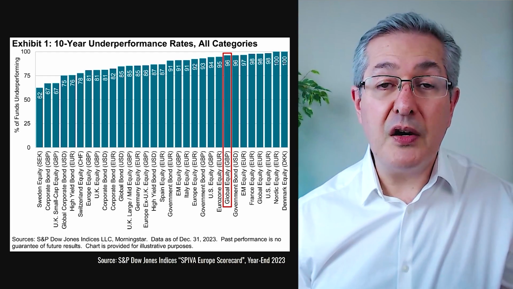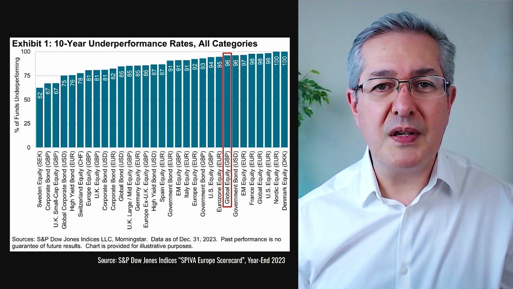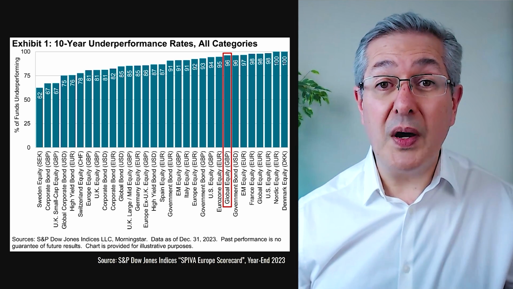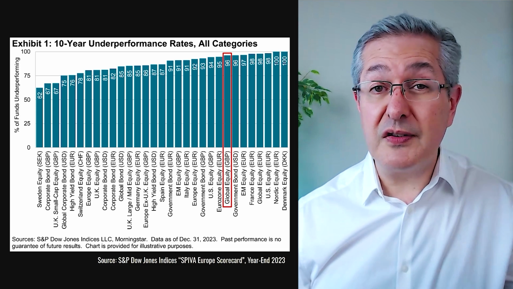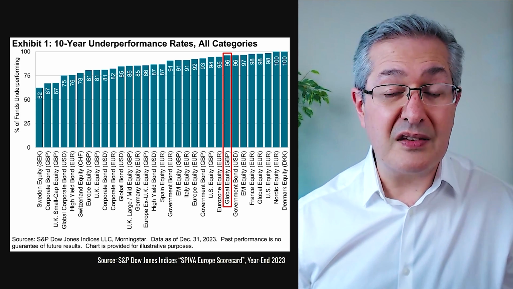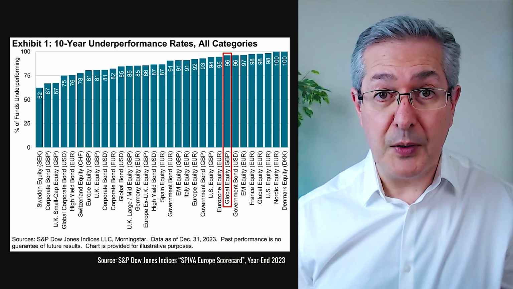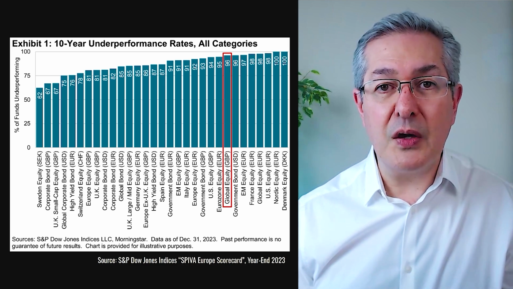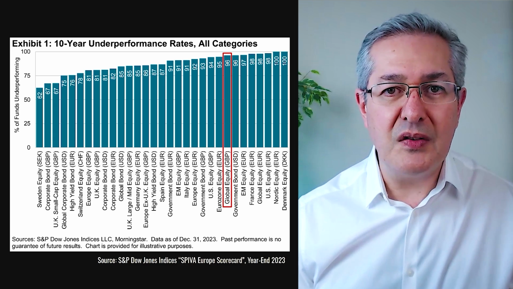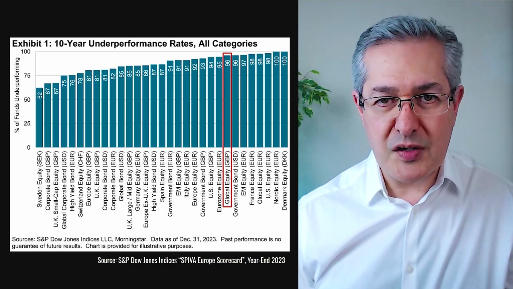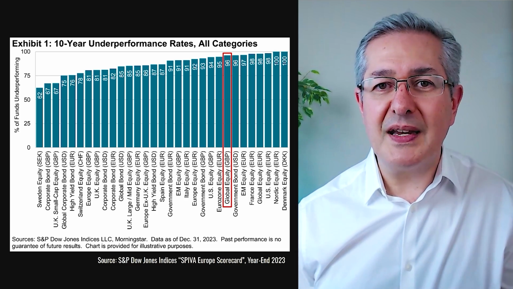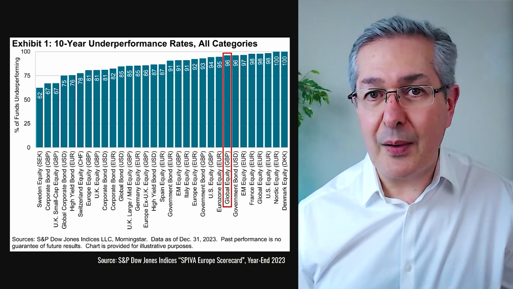And if we look at the year-end 2023 report and look over a 10-year period, and focus on just one fund subcategory, which is sterling-denominated global equity funds, the statistics are absolutely abysmal. 96% of those funds, global sterling-denominated active equity funds, failed to beat their benchmark. So you have a 1 in 25 chance of choosing the fund which is going to outperform.